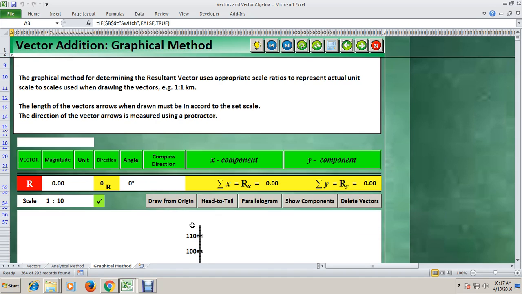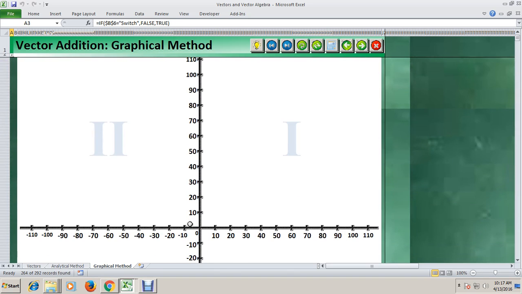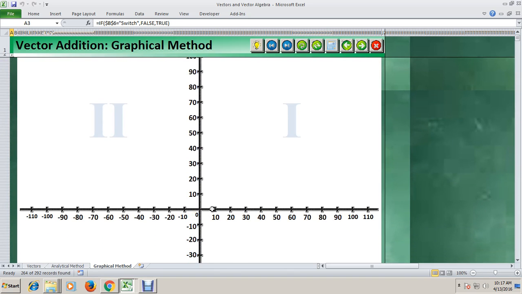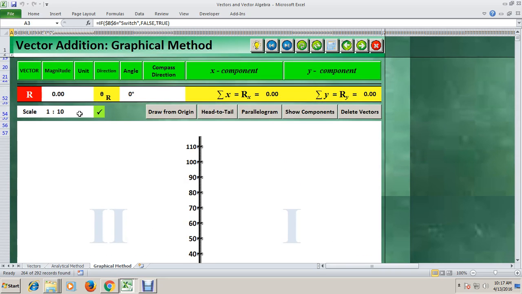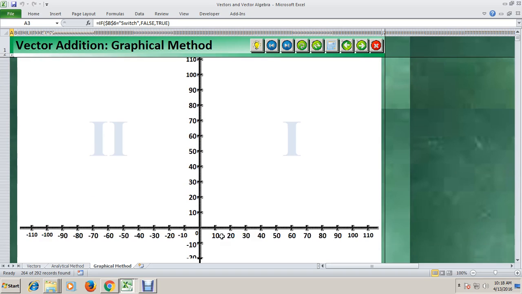Now, for example, in this Cartesian plane, this particular length of unit specified in this scale has the ratio 1:10. So for every 1 unit in the scale, this is 1 unit, this is 1 unit, this represents 10 units in the actual representation of the vector.